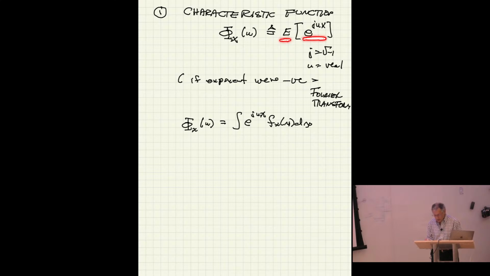Of this function of x. How do you do it? You write it out, multiply by the density, and integrate. So this expression I just wrote down follows naturally from this definition. There's nothing strange about it. Expectation of a function of a random variable is that function times the density of the underlying random variable. Okay.